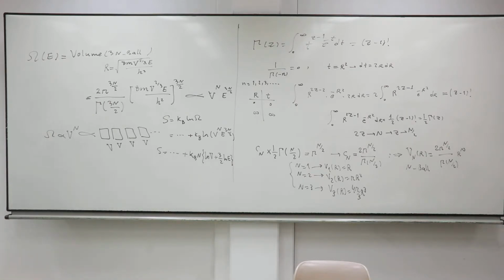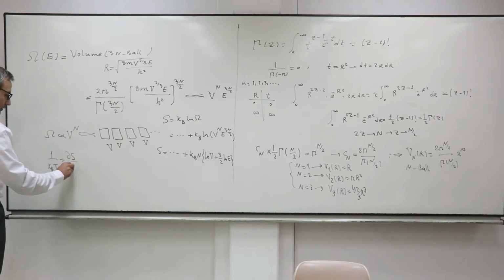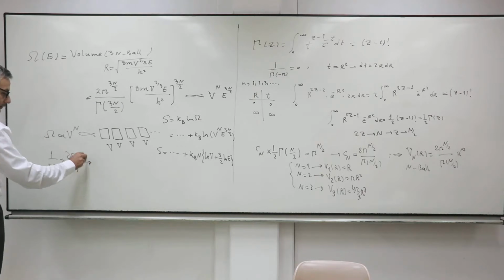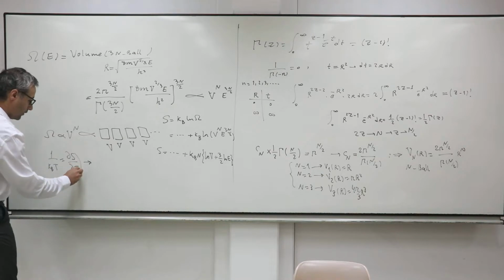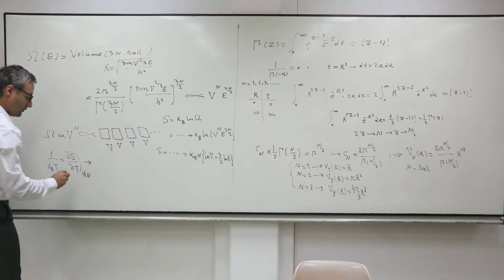Okay, now we can use the thermodynamics. For example, the first thermodynamic relation is 1 over k_B T, this equation, one of the famous ones. You can take the derivative if volume and n remain constant.